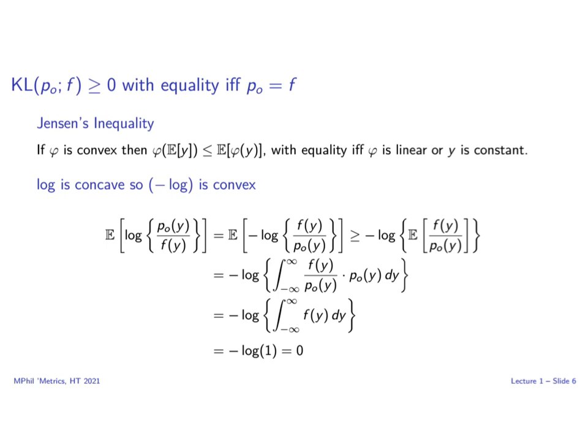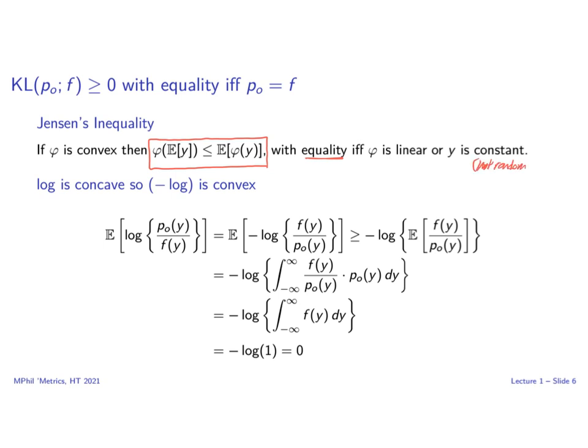Jensen's inequality states that if phi is a convex function, then phi of the expectation of some random variable y is less than or equal to the expectation of phi of y, with equality, in other words, the two are exactly equal, if and only if either phi is a linear function or y is actually a constant, so it's not random at all.